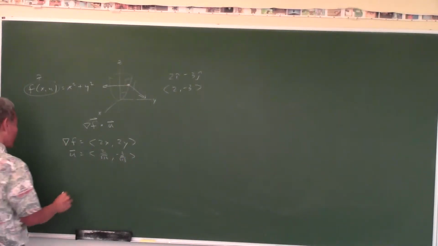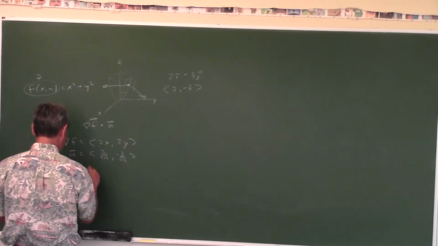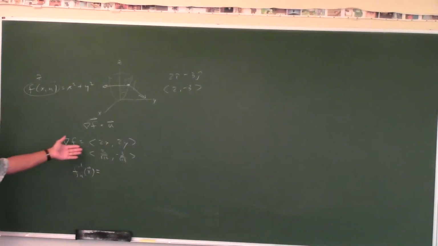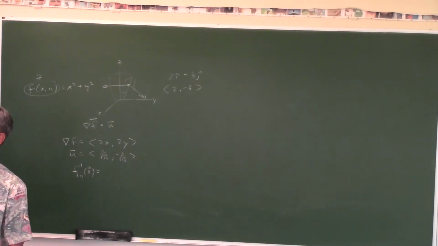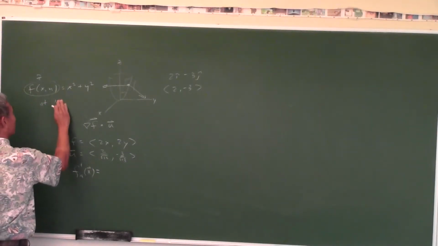So the directional derivative is equal to the dot product of these two vectors. Oh, but they gave us a point, so it's even easier. I forgot, it says at the point (1, 2).